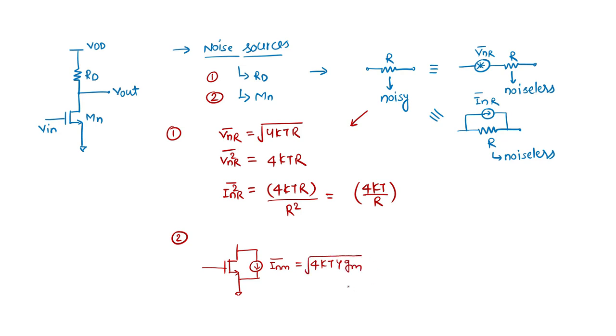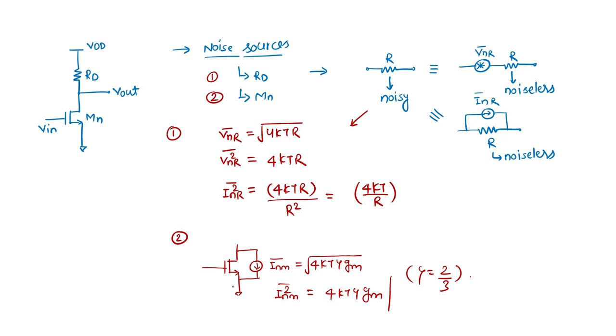So the mean square value for this is also, remove this root. Gamma in general we use 2 by 3; in some cases, it is an empirical value, and not a recommended value, but somewhere it is used as 1 also, and 2 by 3 also. So usually we use 2 by 3.